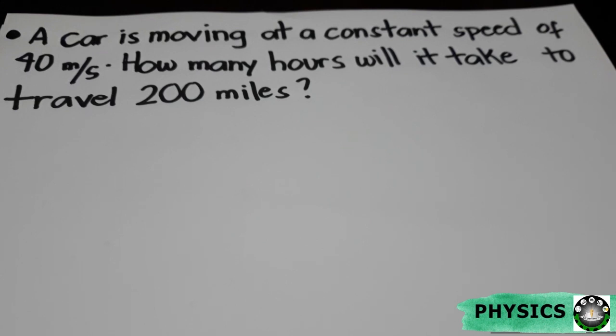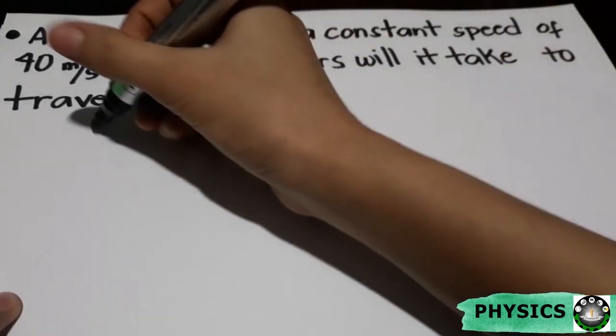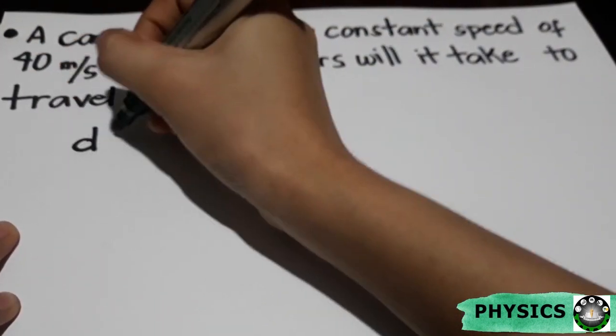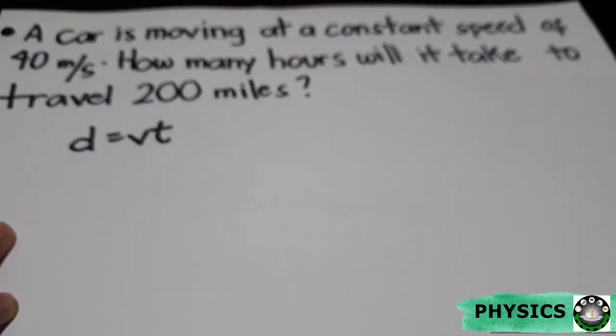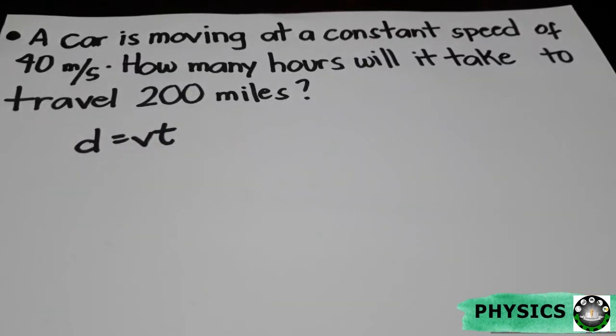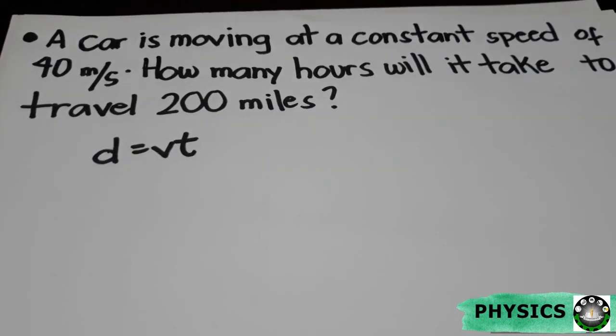So in this example, we're going to use the formula d equals vt, or the displacement is equal to velocity multiplied by time. A car is moving at a constant speed of 40 meters per second.